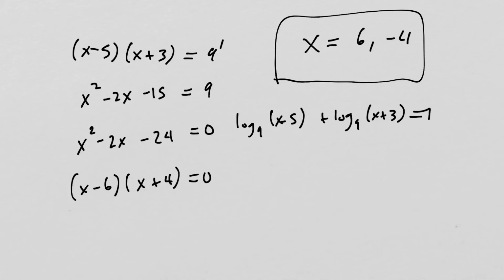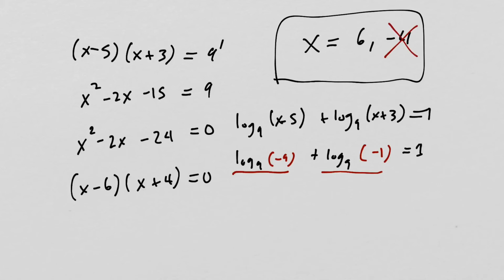Now, if we plug in negative 4, we get log base 9 of negative 9 plus the log base 9 of negative 1, and this is equal to 1. So this is not a solution, because the domain of our logarithm is between 0 and infinity, and this is undefined for both of these terms. So negative 4 is not a solution to this equation.